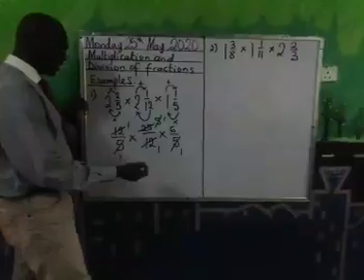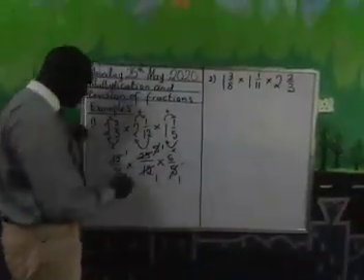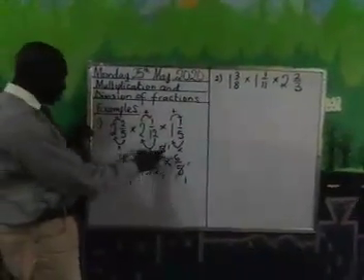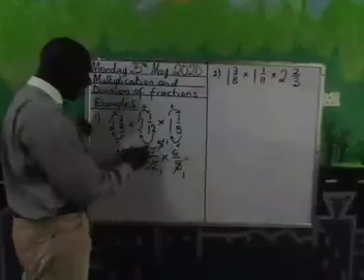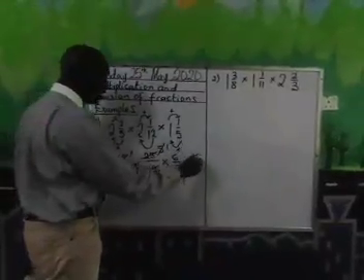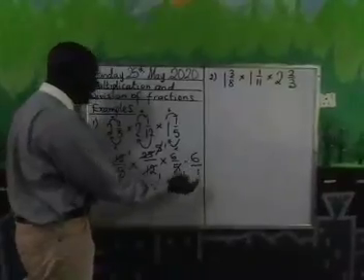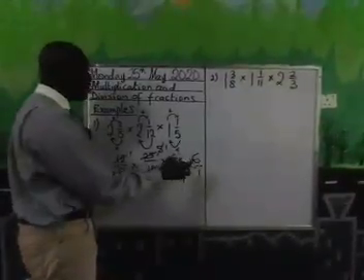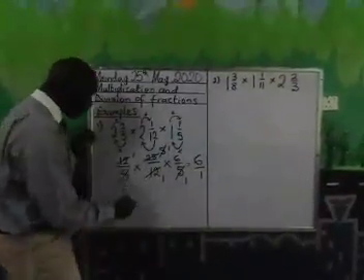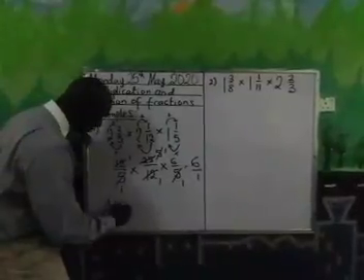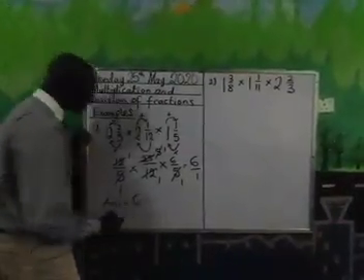What are we left with? We have 1, 1, and 6. So 1 times 1 times 6 is 6. 1 times 1 times 1 is 1. And any number divided by 1 is that number. So our answer equals 6.